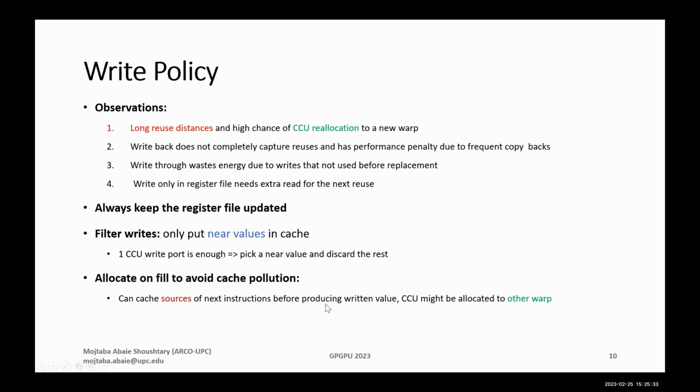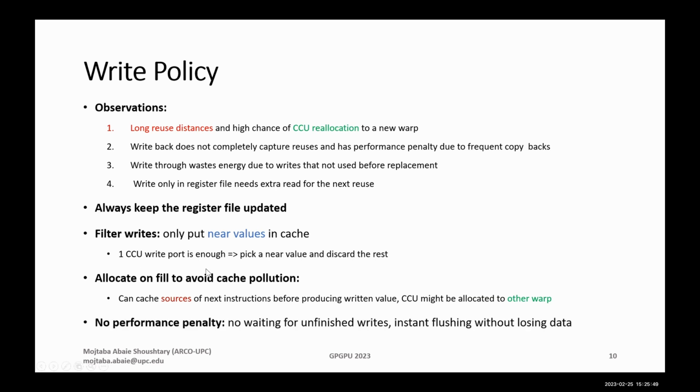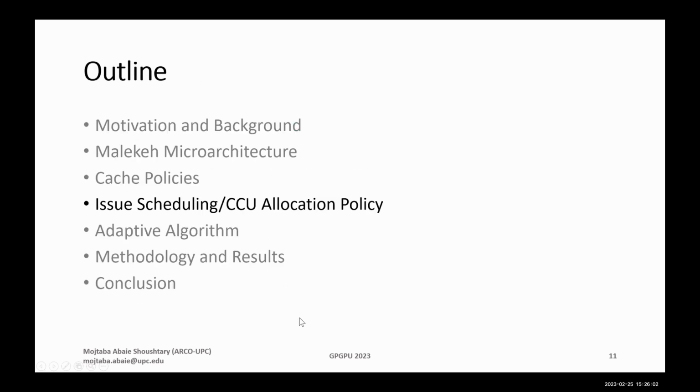And during the time, the value is going to be produced in the write back. The sources of independent instructions can also be put in the cache and benefit from the reuses that they have. So with this scheme, we have no performance penalty because we will not wait for any writes, and we can flush the cache instantly in any cases.